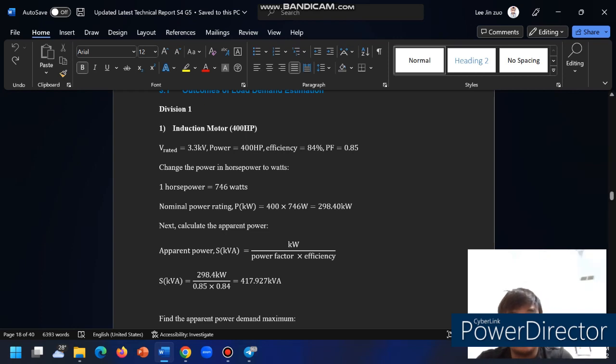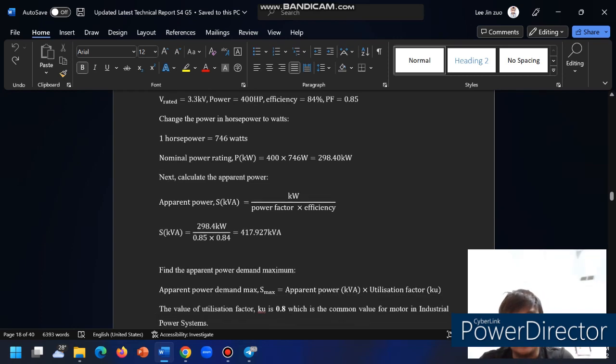After that, we calculate the apparent power by using the formula given, where the apparent power S equals the kilowatt over the power factor times the efficiency. Here is the value that we get: 417.927 kVA.